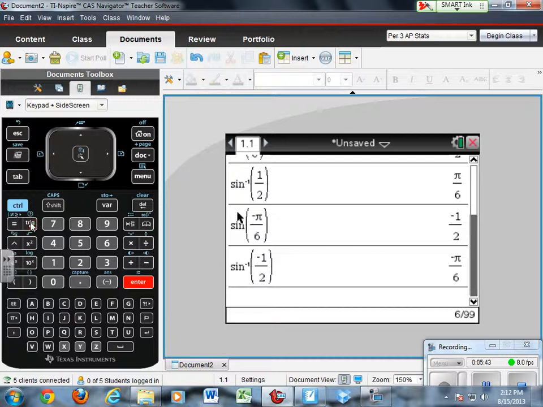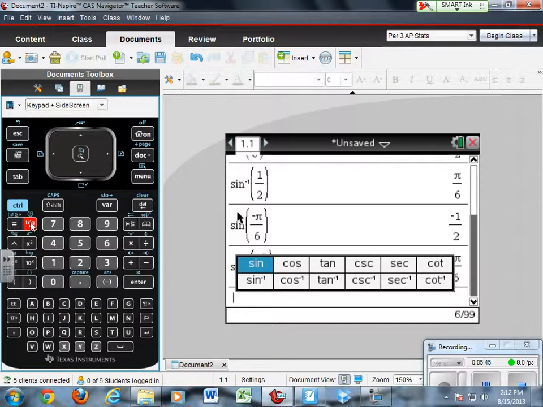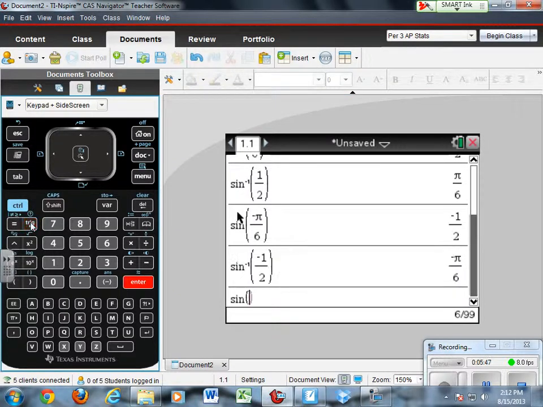So let's go to sine. Actually, I could have just gone up there and captured it, but I'll go ahead and type it in. 5 pi over 6, and push enter. And notice we also get 1/2 here. So it's the same as we got for sine of pi over 6. They have the same trig value.